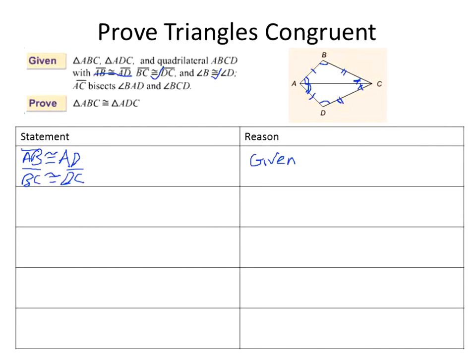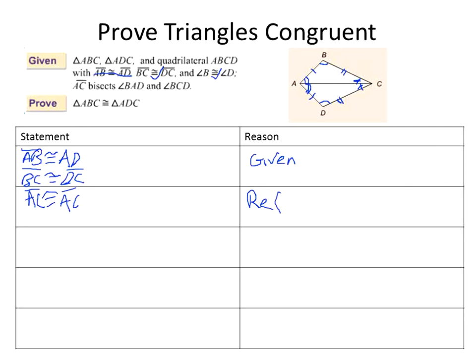So I can have a reason for saying, I'm going to write down this, this is going to be a new section, I want AC congruent to AC. I can't just put that down without putting a reason or a justification, as you can see on the table.